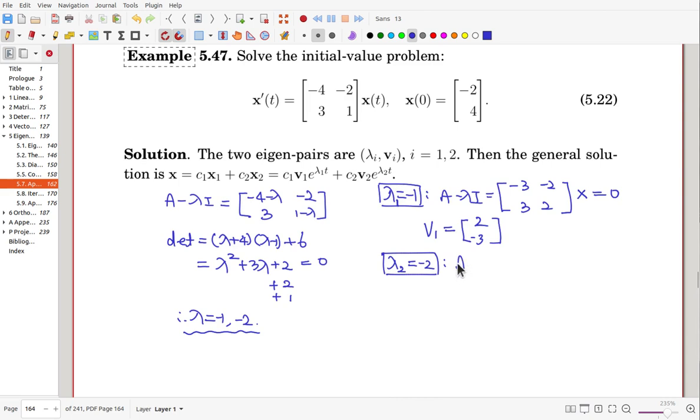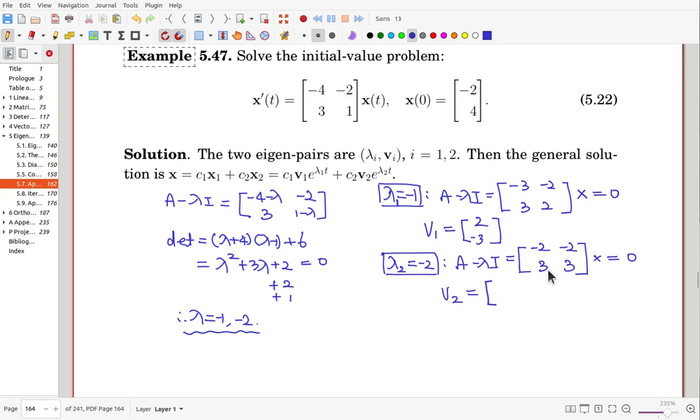Then A minus lambda I is obtained by adding 2 along the diagonal. So it is minus 2, and 3 and 3. Again, we have to solve this problem, and one of the solutions will be an eigenvector for lambda is minus 2.